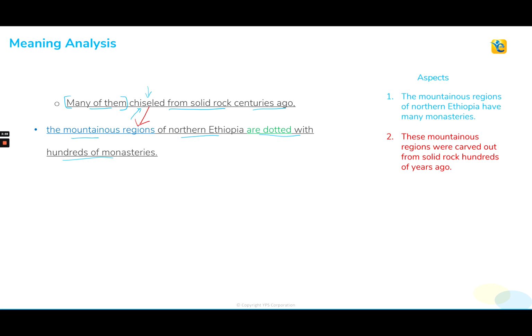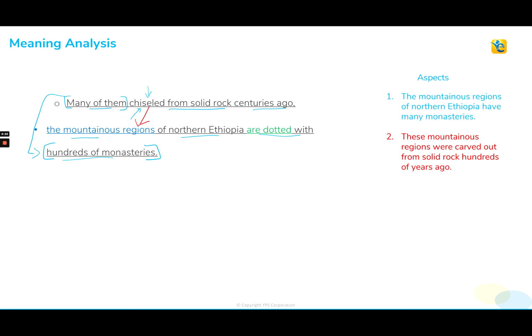And no-brainer, it is hundreds of monasteries. So we understand from our logical understanding that many of the entities that were chiseled centuries ago from solid rock are hundreds of monasteries and not the mountainous regions.